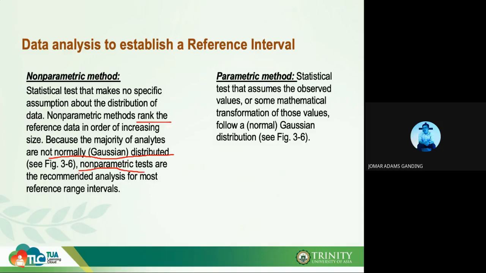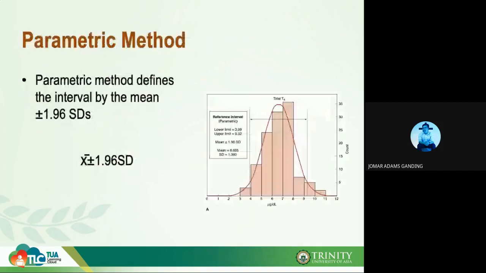If the statistical data do follow a normal, Gaussian distribution, then we would be using a parametric method. Let me share this to you now. We are technically following 1.96 SD, depending on the problem.